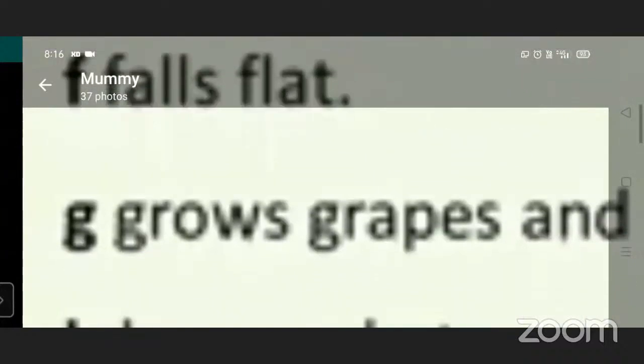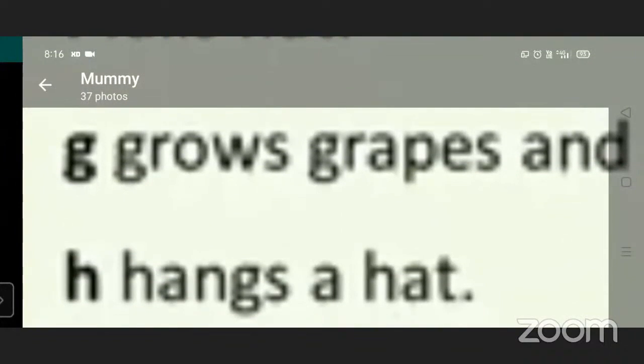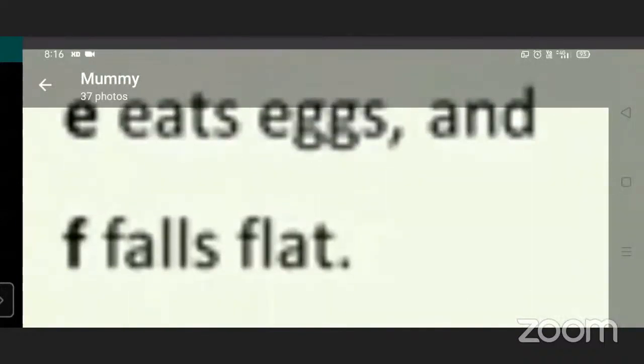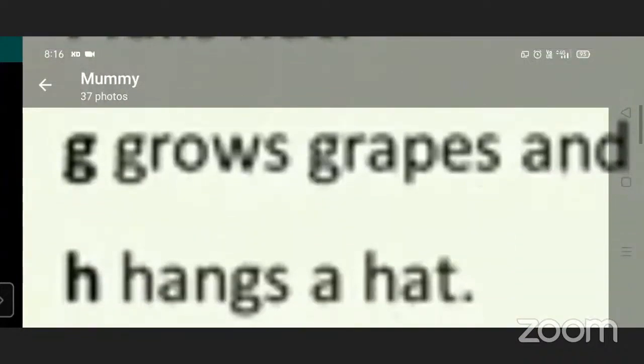G grows grapes and H hangs a hat. Very good. Again, one time I read. E eats eggs and F falls flat. G grows grapes and H hangs a hat.